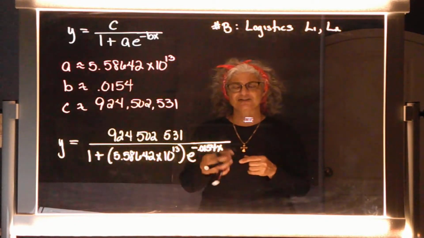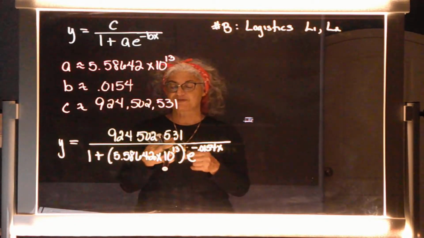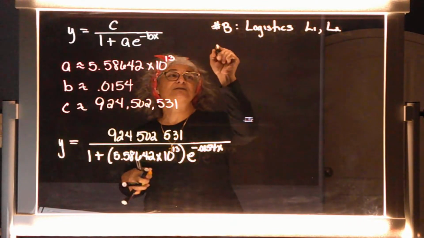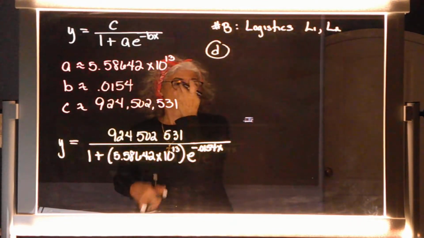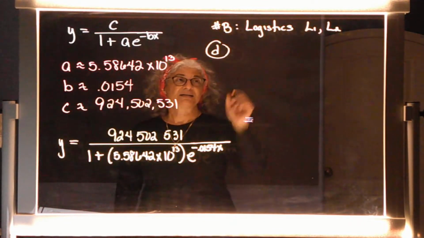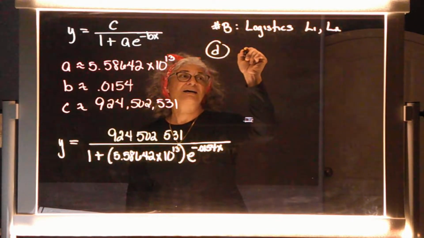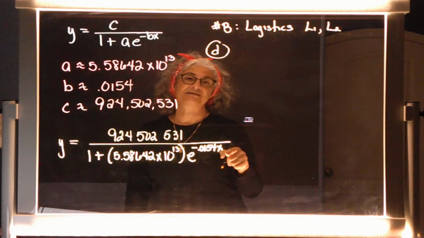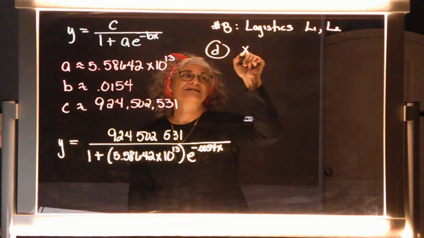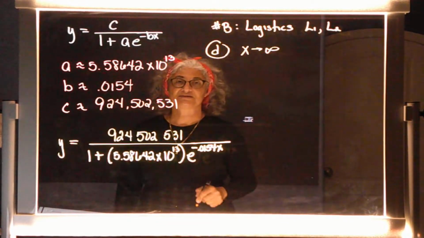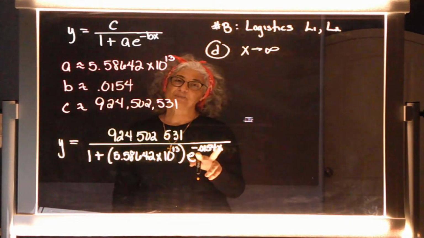Part D is that carrying capacity. And we've spoken about that carrying capacity before, have we not? The carrying capacity is as time, or in this case x, because x stands for time, as x goes to infinity, right? Remember what happens here?